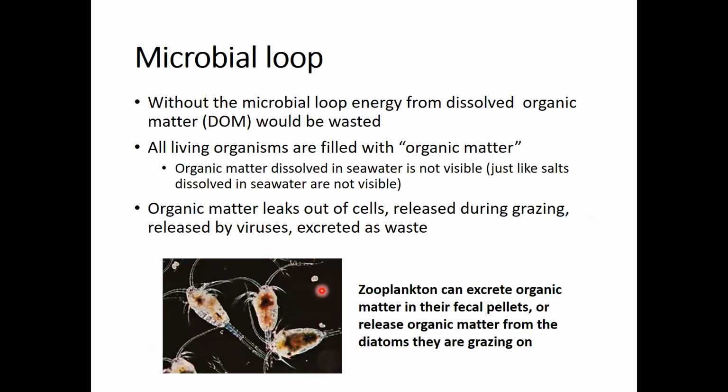We talked about viruses, so the bacteriophages. Those are viruses that can insert their genetic material into a bacterial cell, bursting that bacterial cell and releasing its organic contents, the organic matter. And organic matter is also excreted as waste. So fecal pellets from these copepods are going to release this organic matter back into the water.